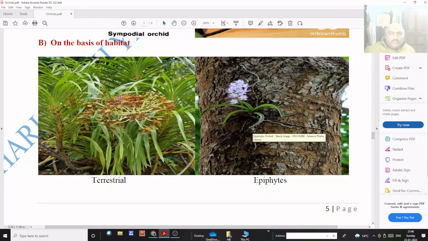They also derive their nutritional requirement and moisture from the air. They also derive their nutrition from rain and bird droppings as well.